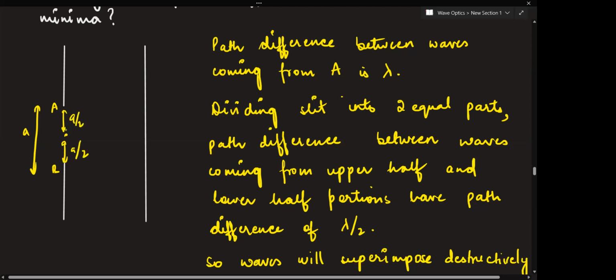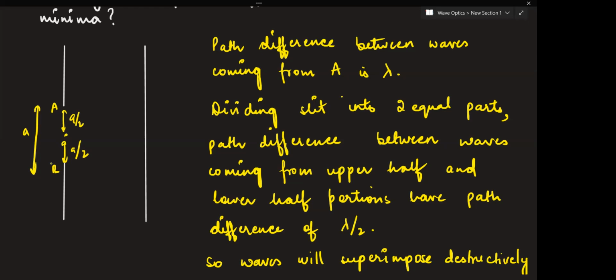Now the path difference between the wavelets from this and this will be lambda by 2. So this will be lambda by 2 and this will be lambda by 2. As I've told you just now, whenever lambda by 2 is the path difference, what kind of superposition do we get? Destructive.